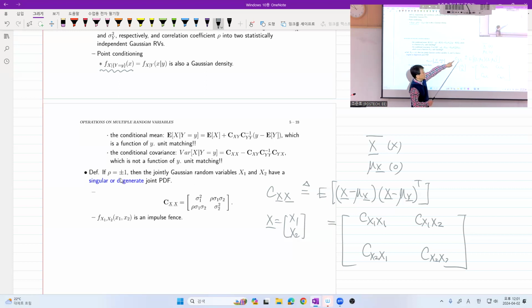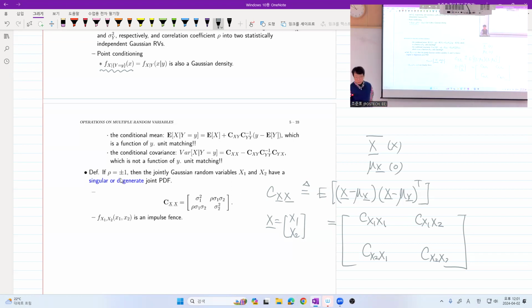And the left-hand side is the covariance of a random vector, a 2 by 1 random vector. Now, we know what this is, sigma x1 squared, right? So we have sigma 1 squared. This is what? This is the cross correlation times sigma x1 and sigma x2. So we have this, got it?